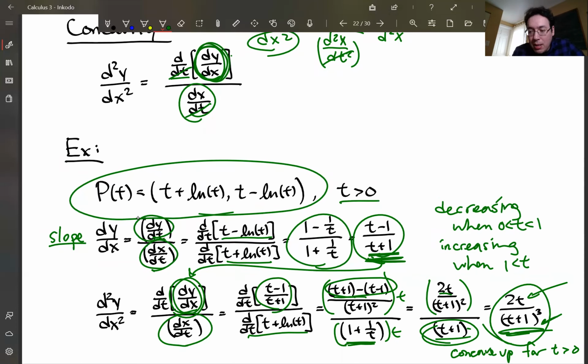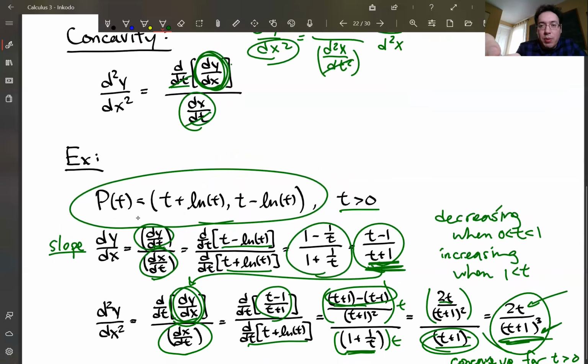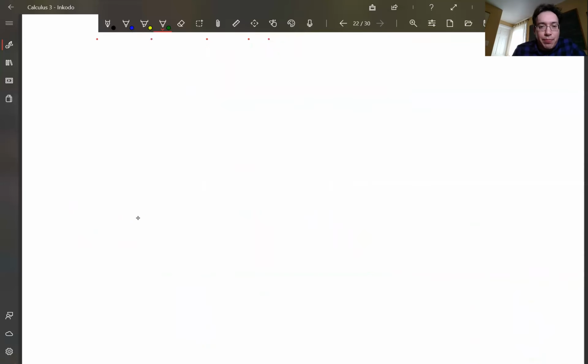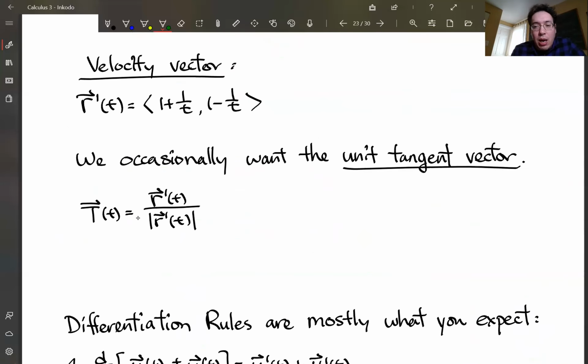Okay, so that's what the second derivative would be. And if I wanted to compute the velocity vector, the rate of change interpretation, you just take the derivative of each component with respect to t, component-wise, and then we're done. That's a little bit simpler, right?